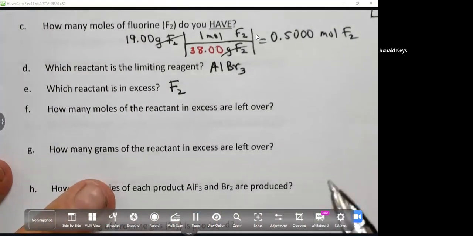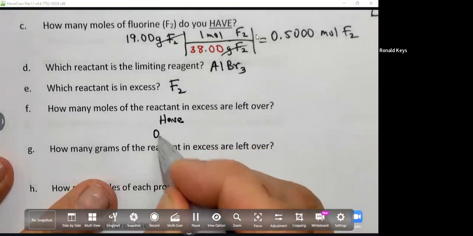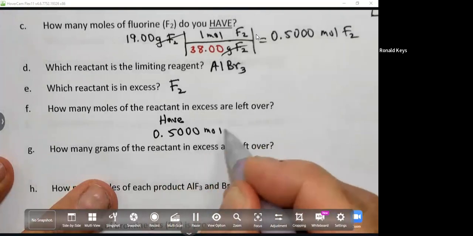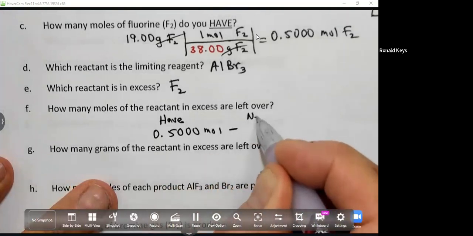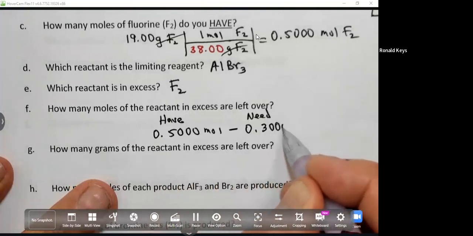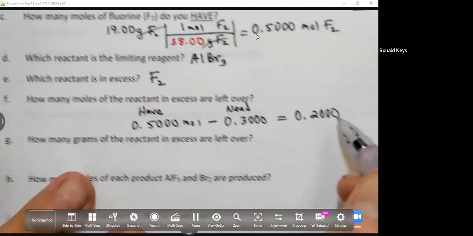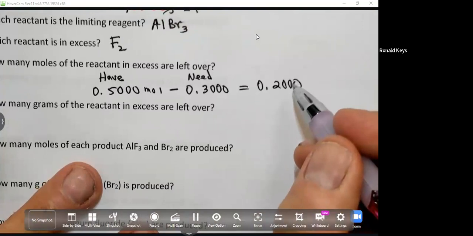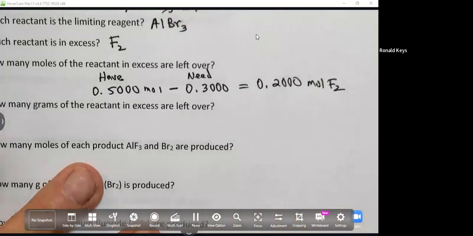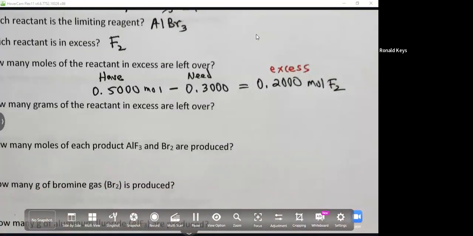Down here we have 0.5000 mole minus what we needed, which was 0.3000 moles. 0.2000 F2 excess.